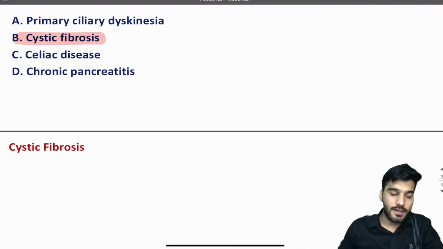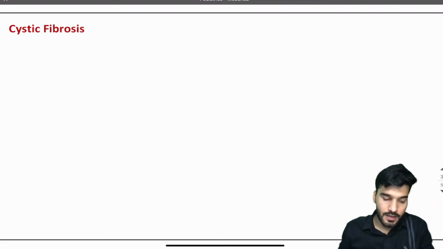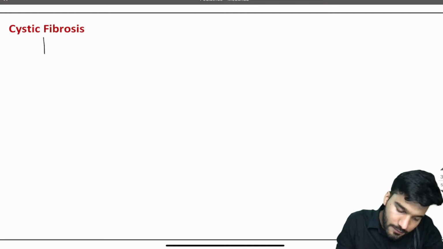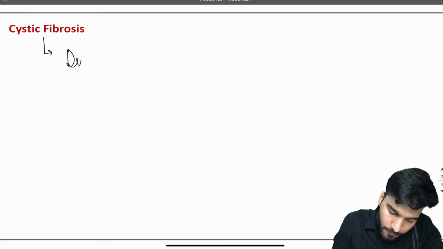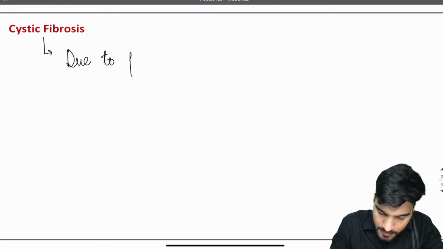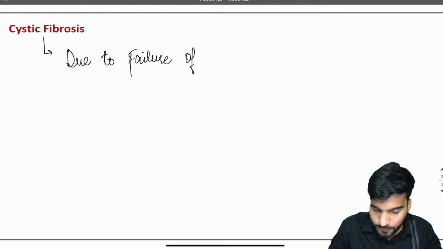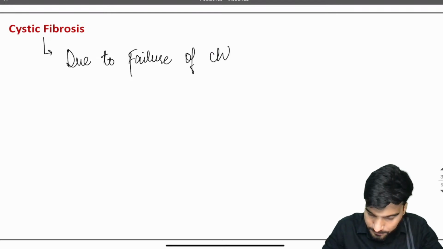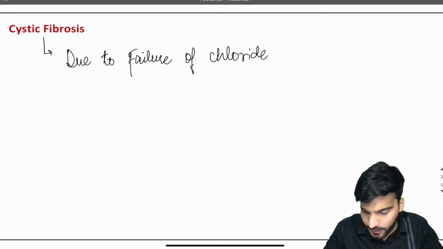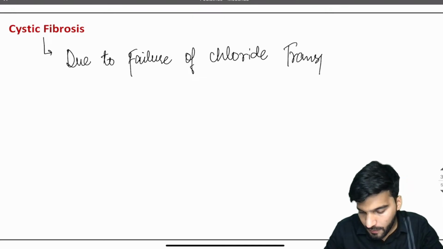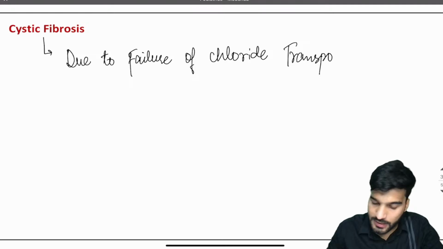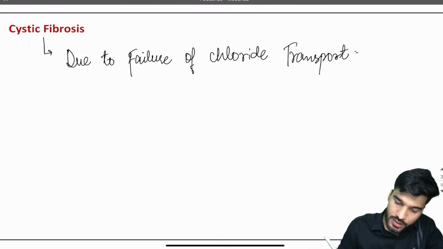Now let's understand what exactly cystic fibrosis is. It's due to the failure of chloride transport. There is a gene mutation. Which gene mutation?